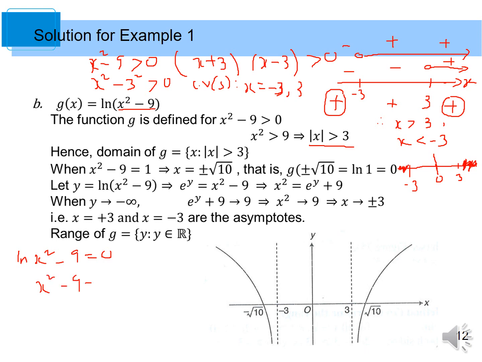So we will have inverse function, we call exponent function. And exponent 0 is equal to 1. And we move negative 9 to right side, so it becomes positive. So 1 plus 9, and x squared equal to 10.